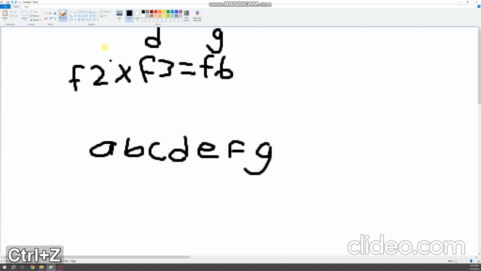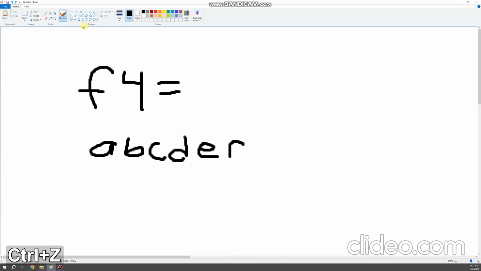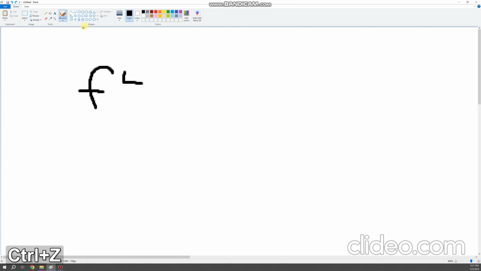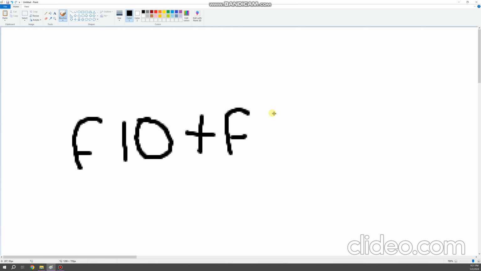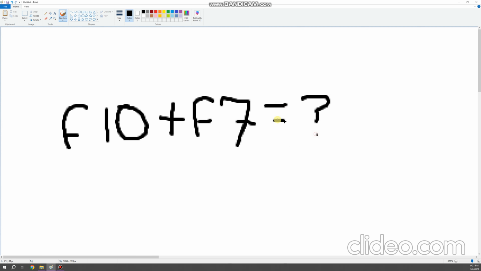Okay, time for the very, very, very difficult question. We're going to go big numbers on this, so get ready. Okay, there we go. So we're going to do this. F10 plus F7 equals what?